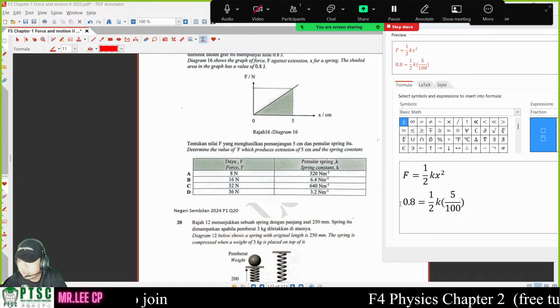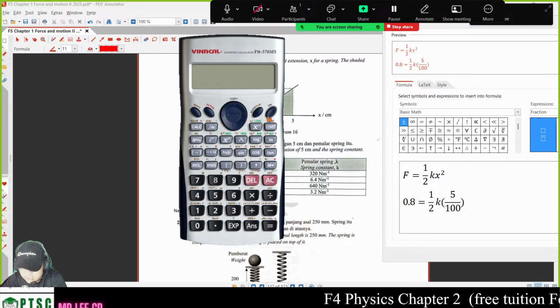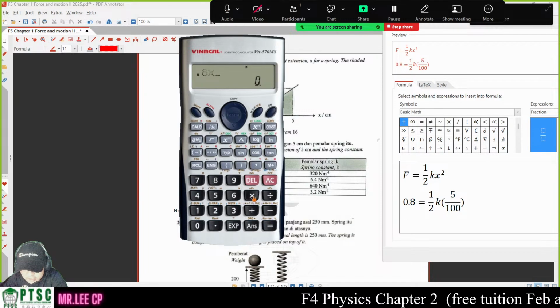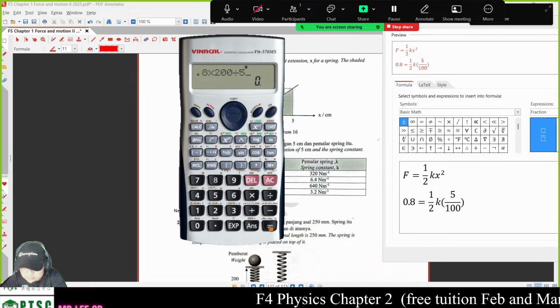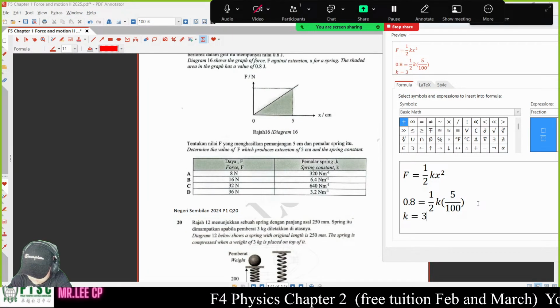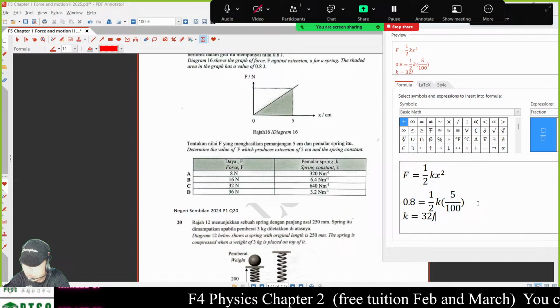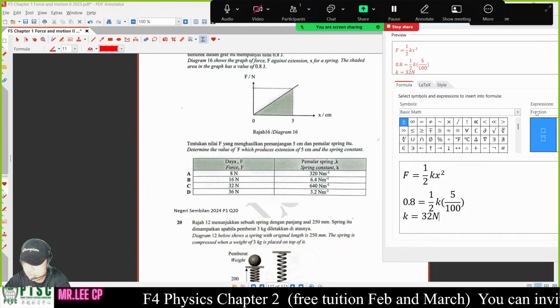Okay, so 0.8 times 200 divided by 5. It is 32 joule per K is Newton per meter.